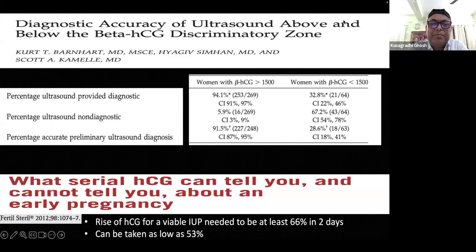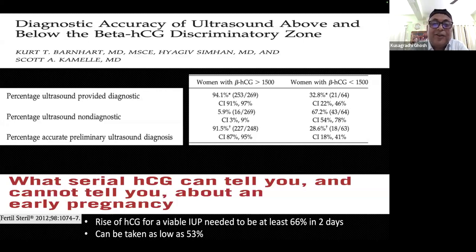And there was an article, I think by Barnhart or somebody, in 1994, where he suggested that at 1,500 you should be able to see 80% of the intrauterine pregnancies, and at 2,000 you should be able to see 90% of pregnancies, and that somehow stuck on.